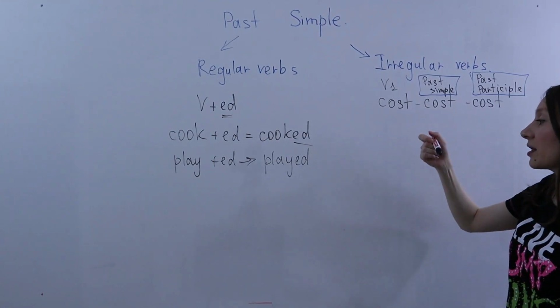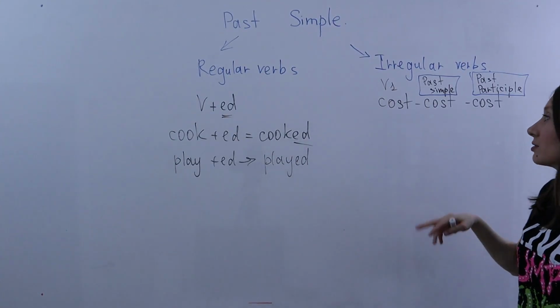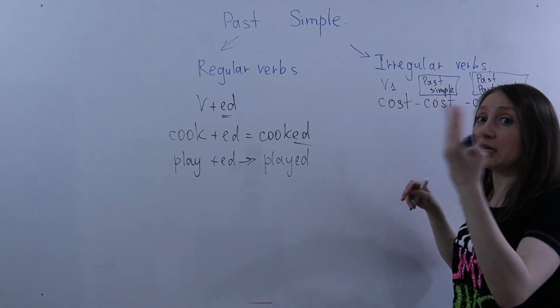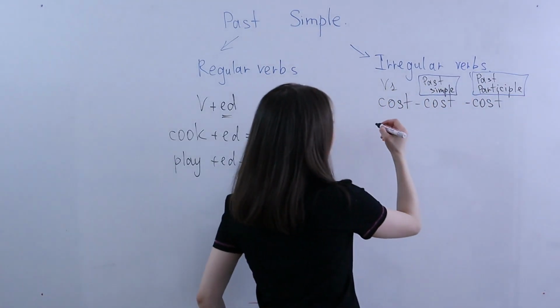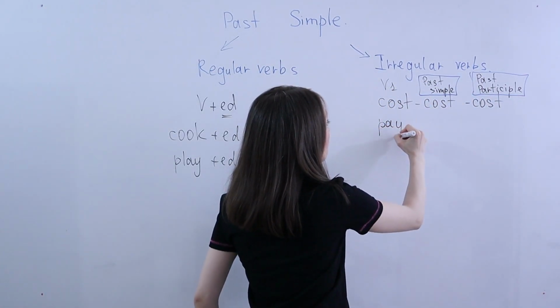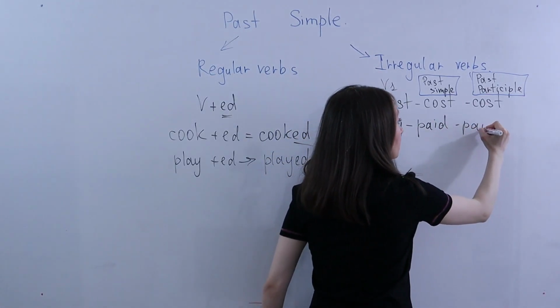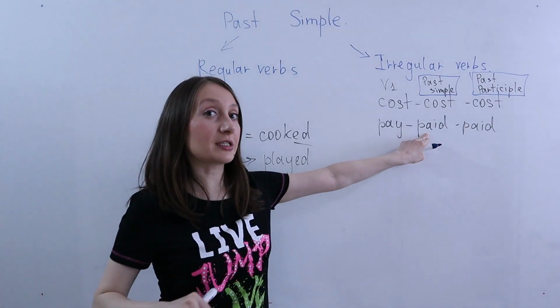So for example, this pencil cost $2, right? It means I bought it maybe yesterday or last week. The next, for example, pay, paid, paid. I paid $2 for it.